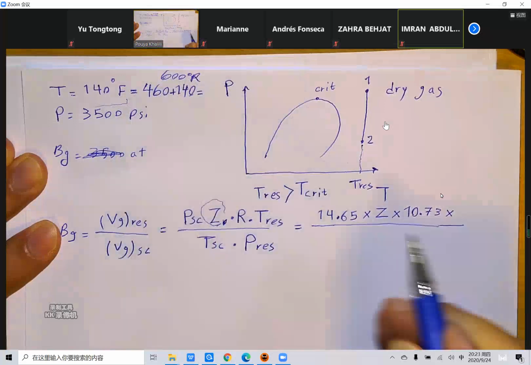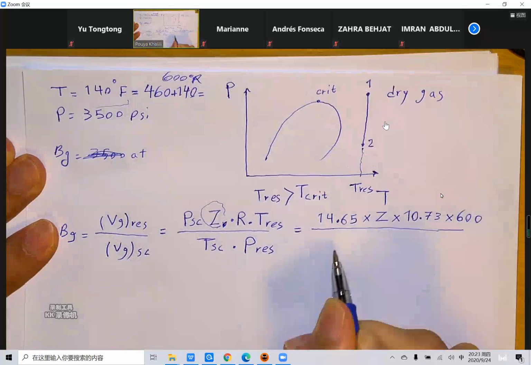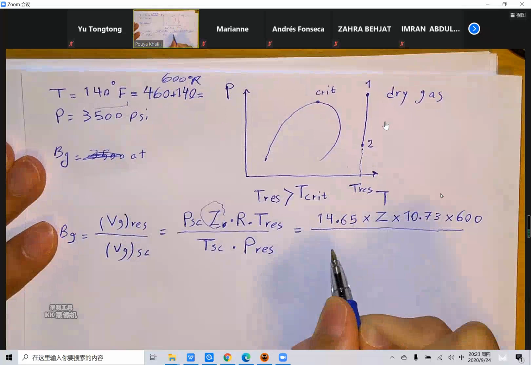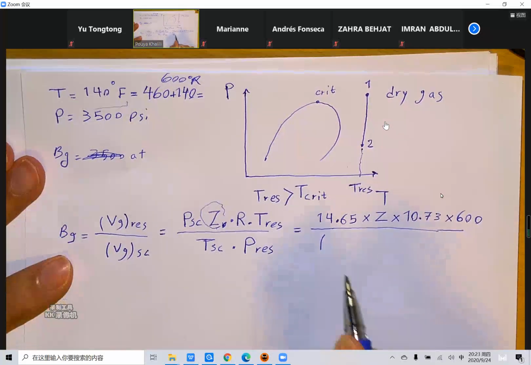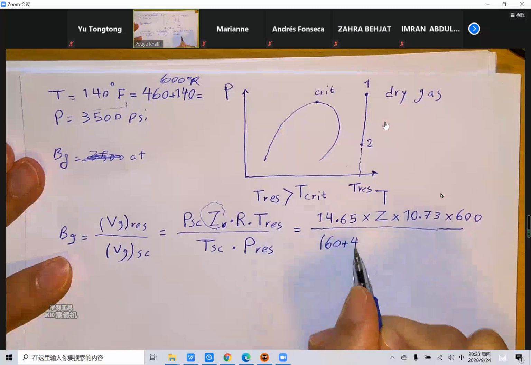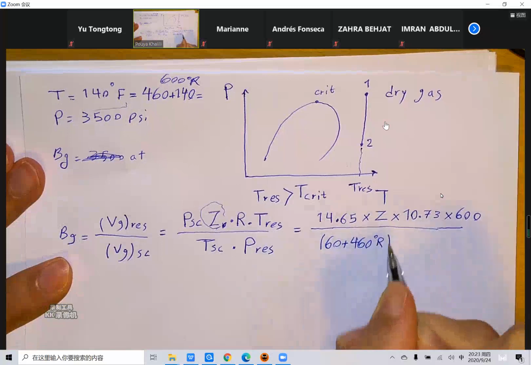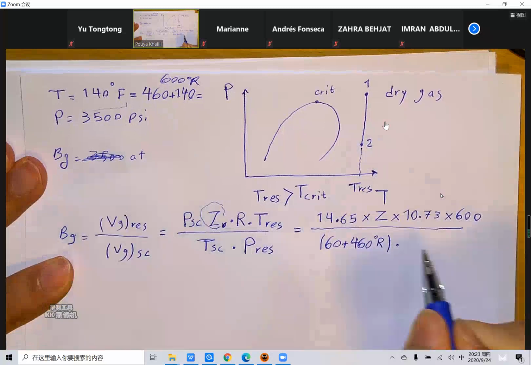I write it here. The temperature at the standard condition is 60 Fahrenheit, then again convert it to Rankine. And the reservoir pressure here is 3,500.